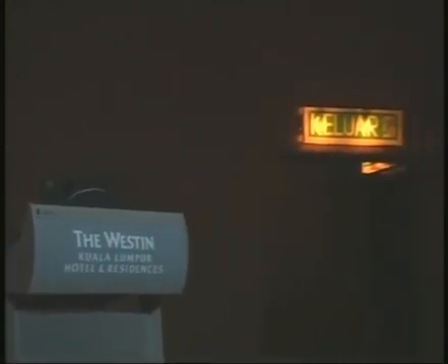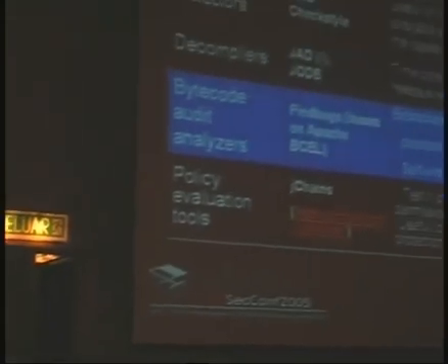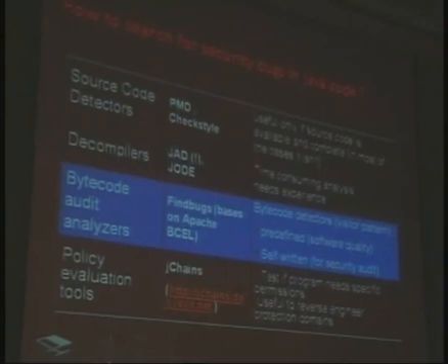But how did we do it? How did we automate it? Source code detectors. Source code is very useful, but source code is not what's running on your machine, and often in closed source environments you don't have the source code. Decompilers give you a transformation of the bytecode to a readable source basis, but they really don't show what's going on at bytecode level.